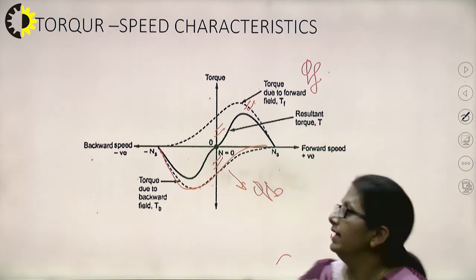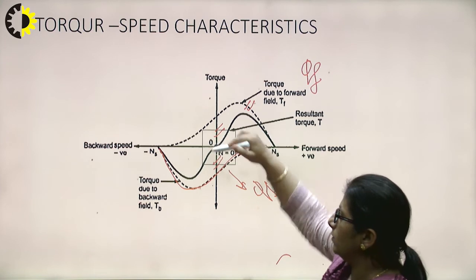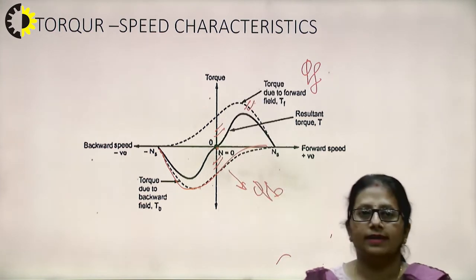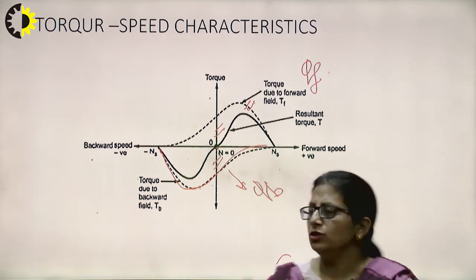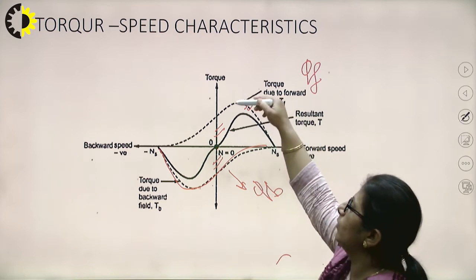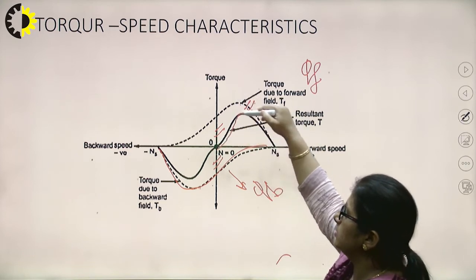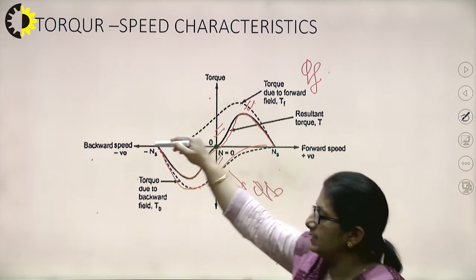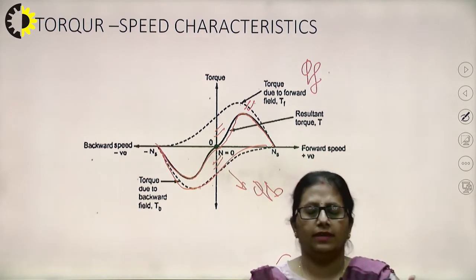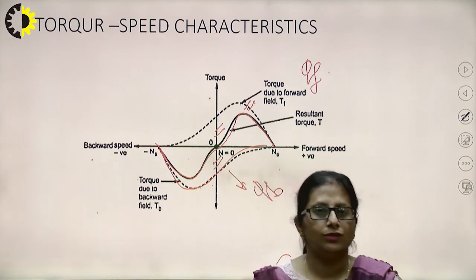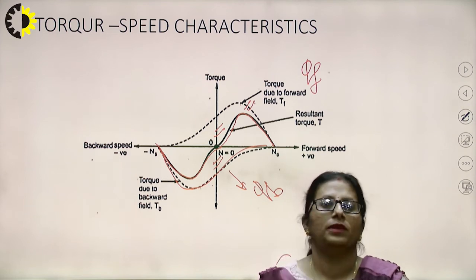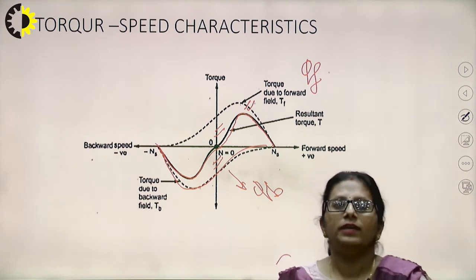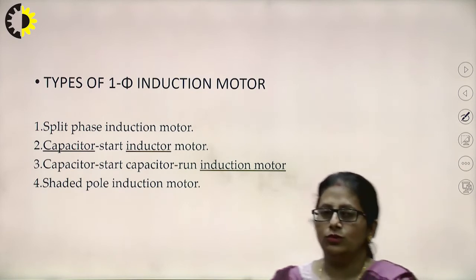That's why the resultant torque is just 0 at the starting. At any other condition, you may see, at this instant the forward torque is greater, so I'll have the resultant torque being produced like this, and in this case like this. So at any of the other situations, I have the resultant torque. So the problem persists only at starting. So we got the information that the single phase induction motor is not self-starting.